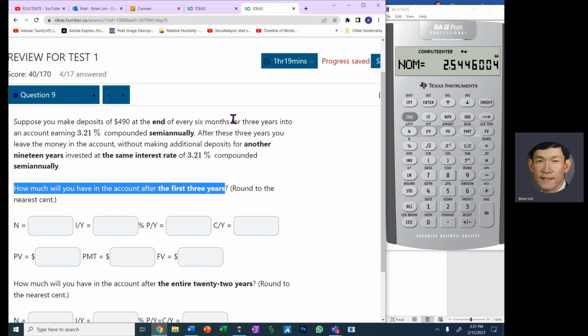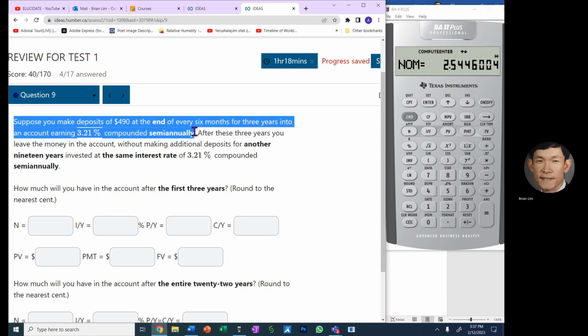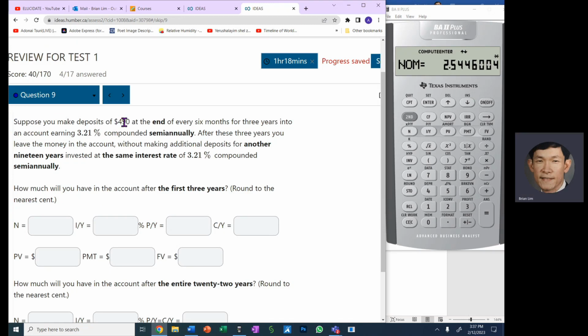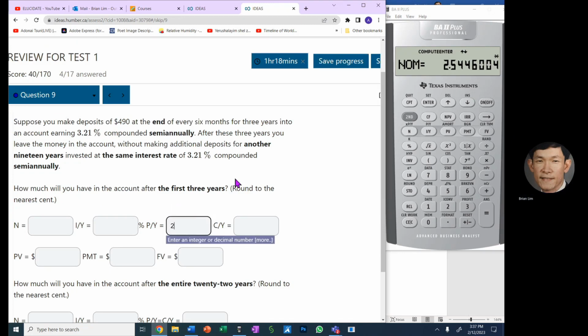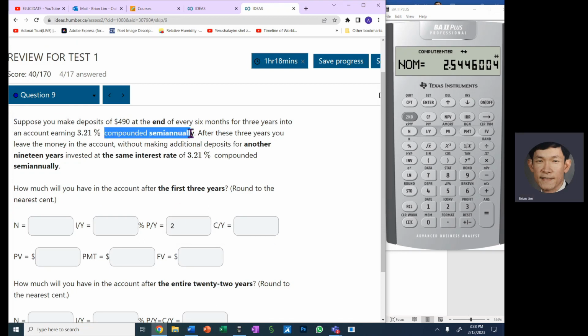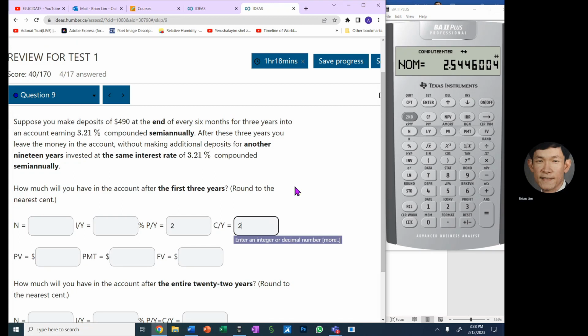So after 3 years, that is the first part right here. Your deposits are being made of $490 at the end of every 6 months, so that means that PY is 2. And it's compounded semi-annually, so that means CY is also 2.